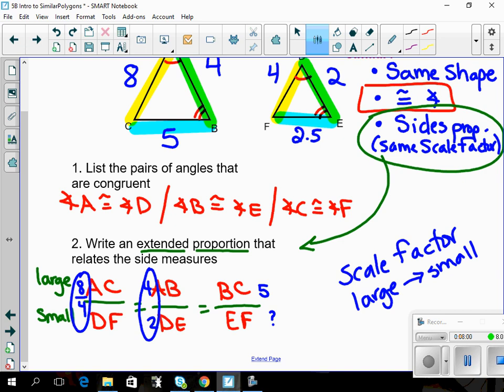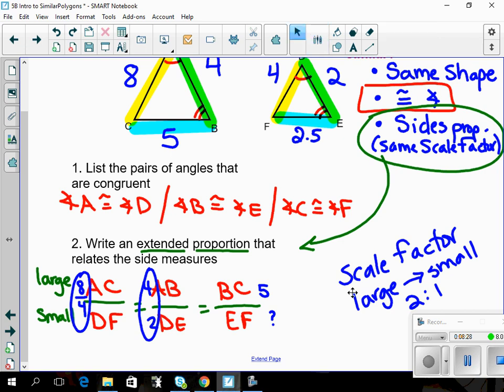You could say 4 to 2. You could say 5 to 2.5. Or you could reduce all of those. What do they all reduce to? 2 to 1. Would you agree? 2 over 1? So it would be 2 to 1, the scale factor. Just reducing all of these numbers, 8 to 4, 4 to 2, 5 to 2.5. Are we okay with that?